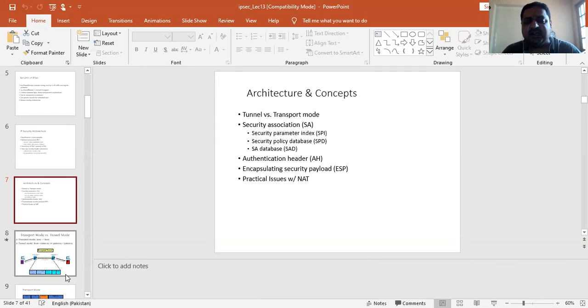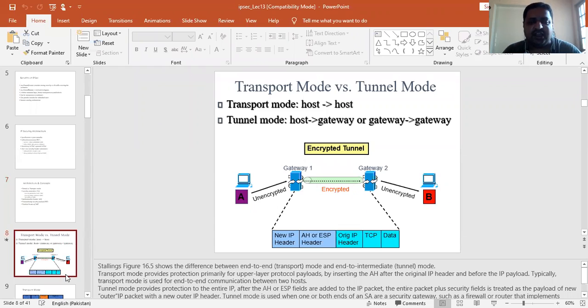It contains different modes of transmission, like tunnel mode and transport mode, and it also contains some other fields, like security parameter index, security policy database, and security association database, and some other fields as we discussed, like authentication header and encapsulation security payload. In this way we have different modes of sending the data from host to host.